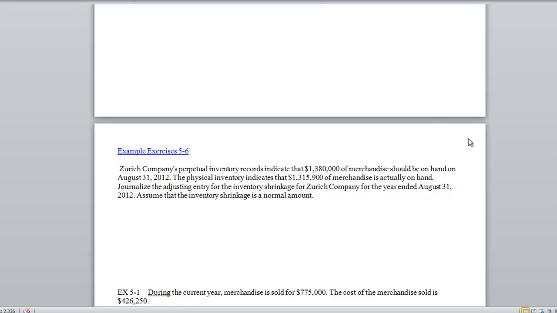That amount is called shrinkage. It explains the difference between the two amounts. Shrinkage might be related to theft, damage, loss, things like that. But regardless, we need to adjust the accounting records to equal the amount that is actually in existence.